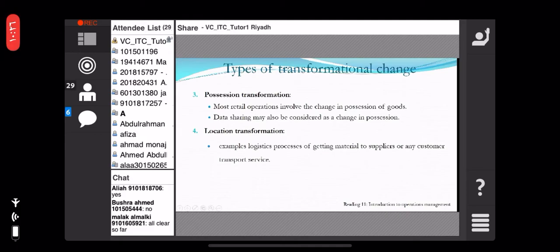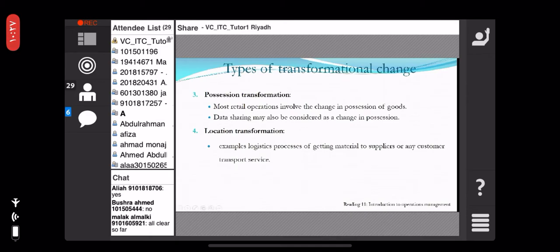Number 3 is possession transformation. Most retail operations involve the change in possession of goods. We call it place, possession, place.